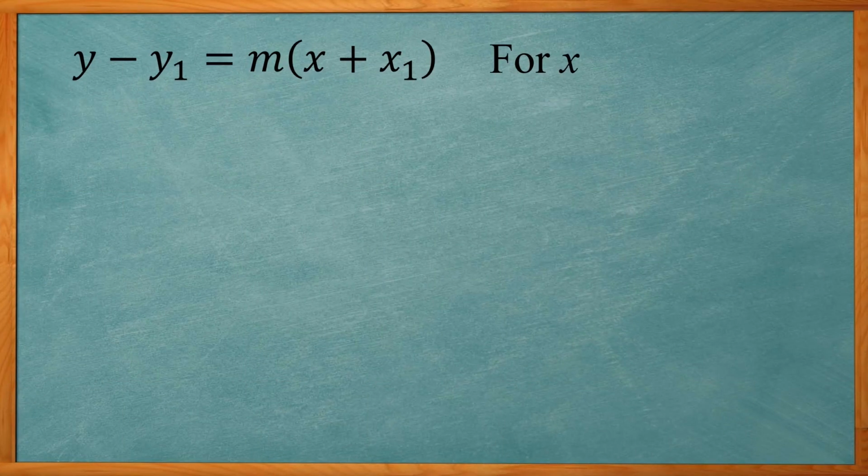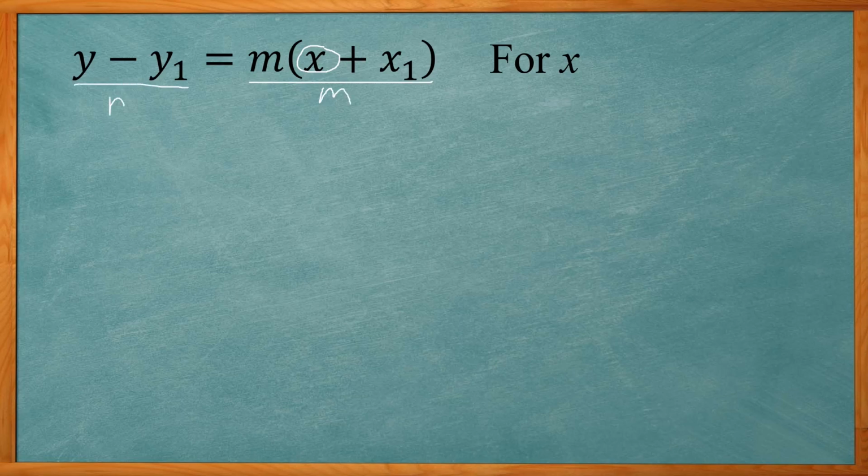So for this equation, we have y minus y1 equals m times the quantity x plus x1. So our goal here is just to solve for the x. So the first step I'll do is get rid of this m. That's currently being multiplied, so I'll divide by m.